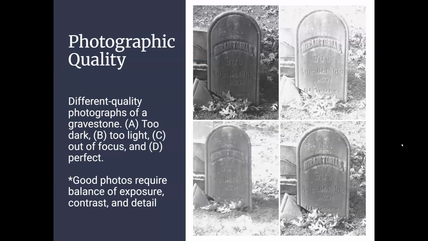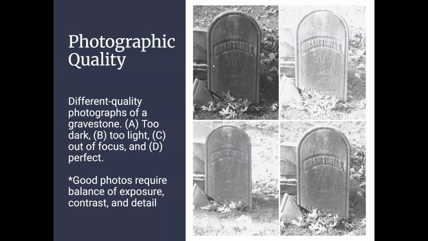Okay, so take your brain out of the digital world for a second. These are photographic images. So remind yourself, photography film, okay, or photography, okay, has to do with light. It's light, okay? So when we talk about photography, there are different quality photographs of the gravestone. On the top left, we are looking at an image that is too dark.